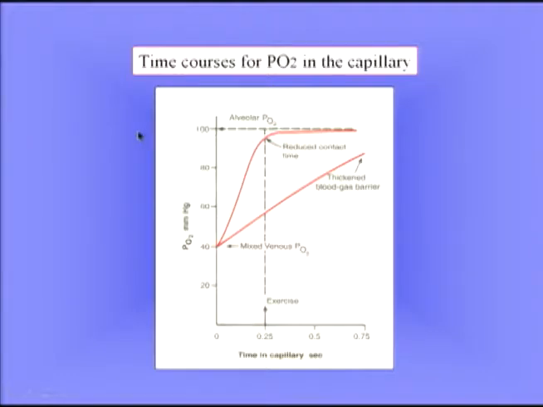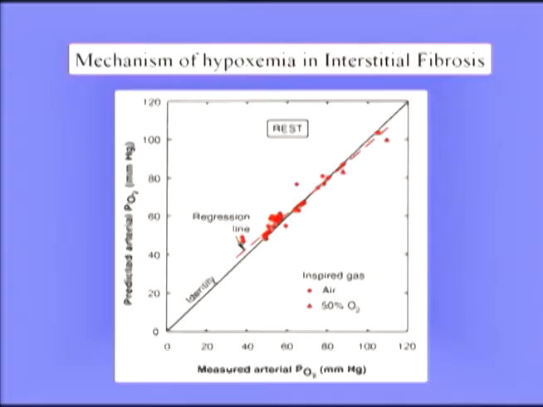And so there's been quite a bit of dispute as to how important diffusion limitation is in the hypoxemia of interstitial fibrosis. We looked at that a number of years ago and measured the distribution of ventilation perfusion ratios in a series of patients with diffuse interstitial pulmonary fibrosis.